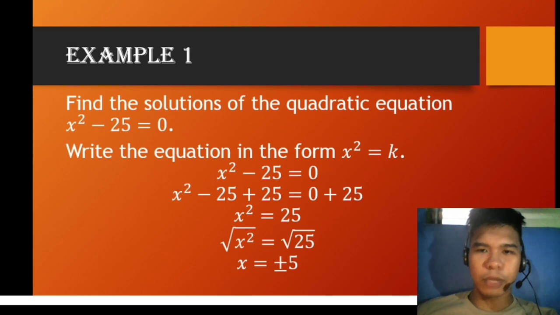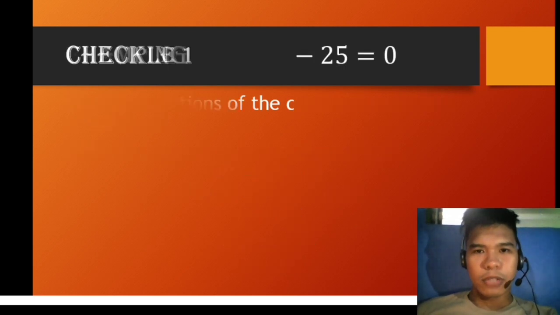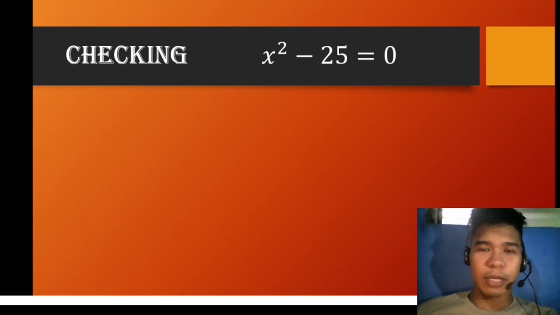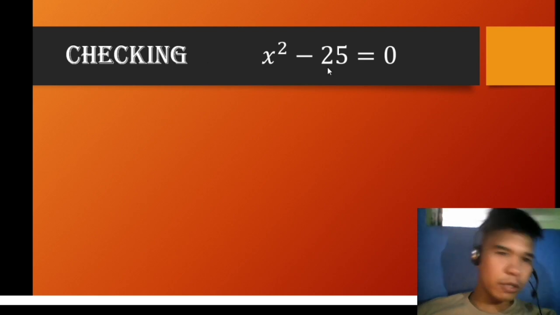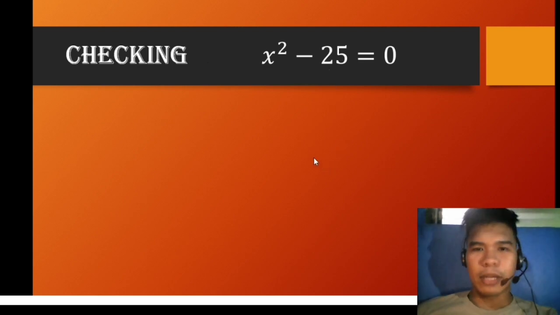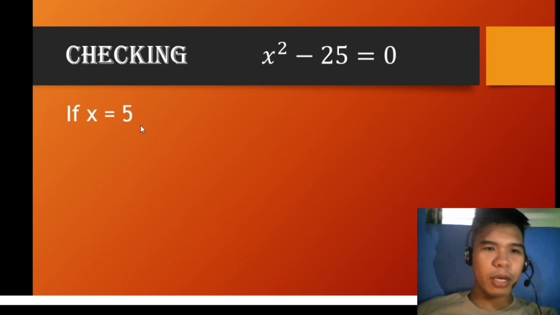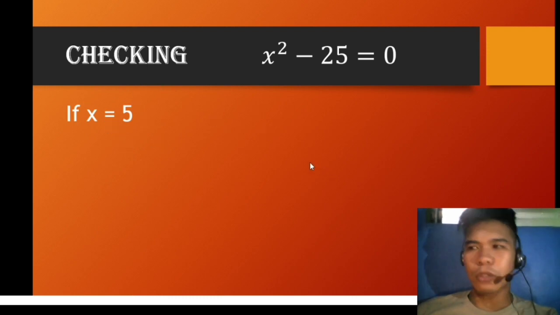So this is now our solution for the quadratic equation x squared minus 25 equal to 0. To make sure, you can also check if the solutions positive 5 and negative 5 satisfy the equation. This is done to make sure your answers are correct. So let's first deal with the solution x equal to 5.